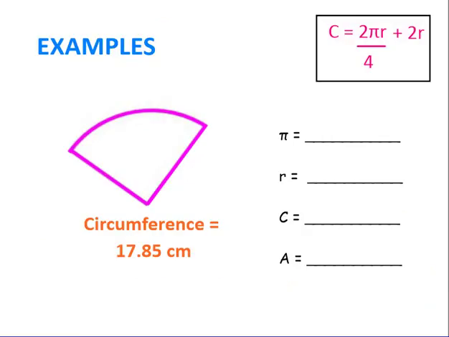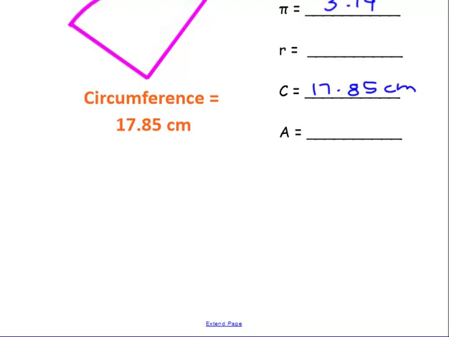All right, here we have another one. This is a quarter circle, and we're also working backwards on this one here. So our pi is 3.14. We don't have a radius, but we have a circumference of 17.85 centimeters. So let's work backwards to find the radius. So c equals 2 pi r divided by 4 because it's a quarter circle, plus 2r.